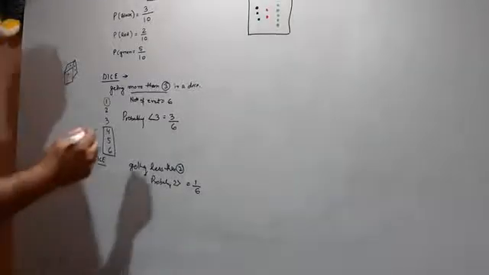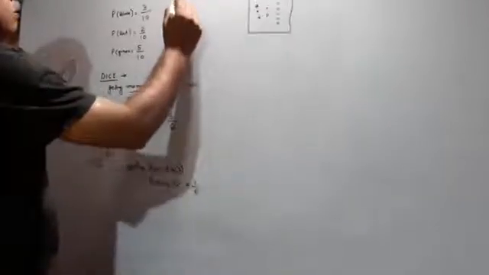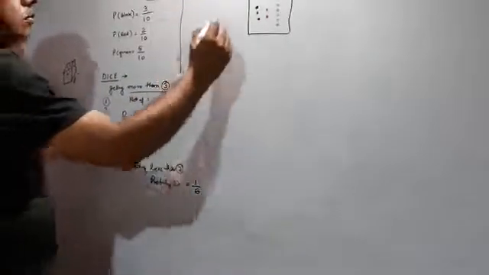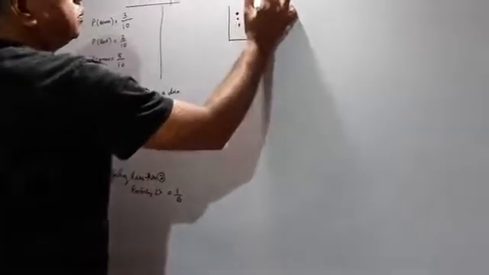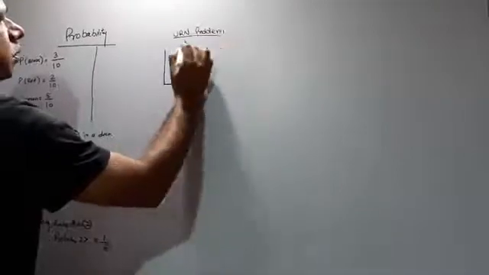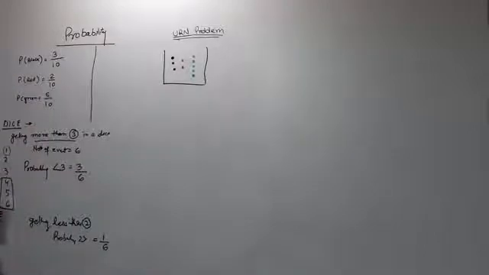Now we take another example. Typically in probability we can say this is an urn problem, and this is a dice problem.